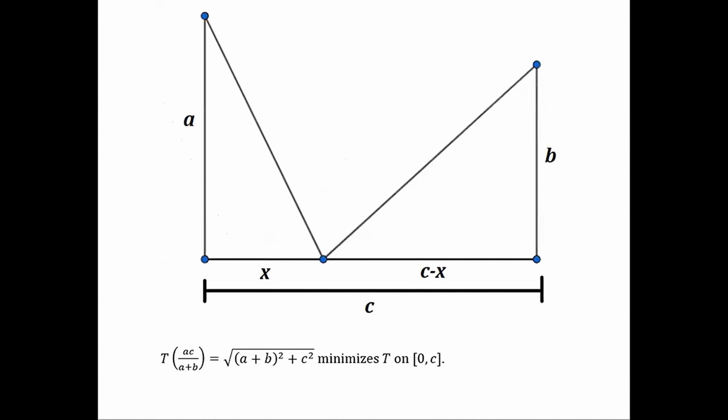The a plus b that we're squaring in there, then adding c squared, taking the square root of that. Why are we talking about the sum of the heights of the 2 poles?